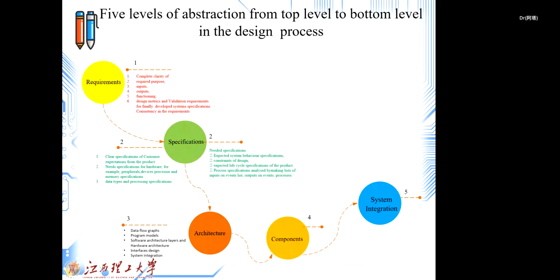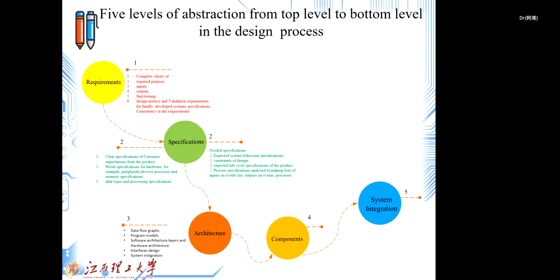We also need specification of expected system behavior, expected life cycle specification of the product, and process specification analyzed by making a list of inputs on events and outputs on events.